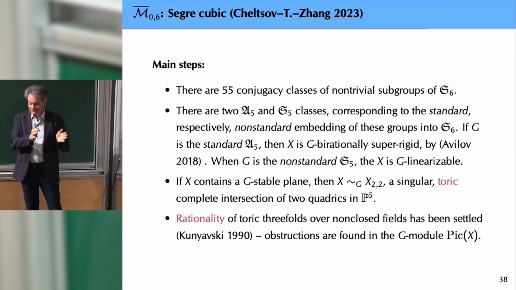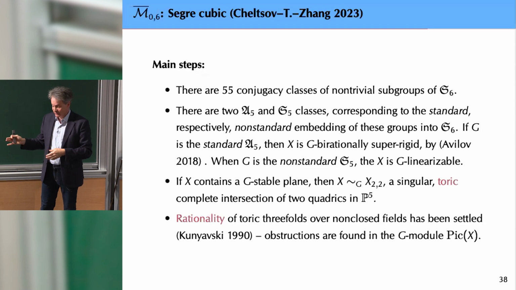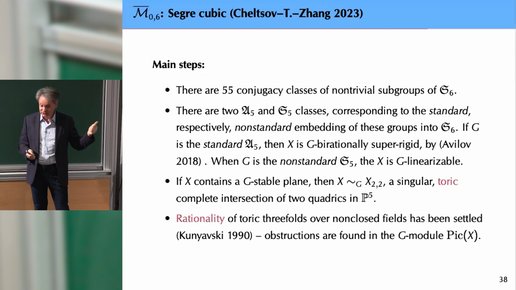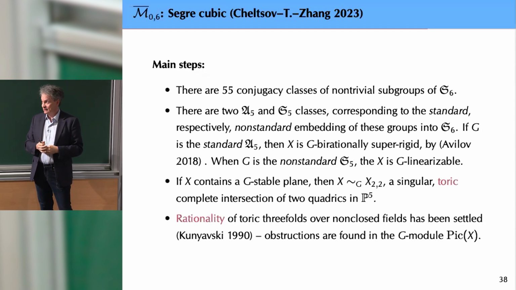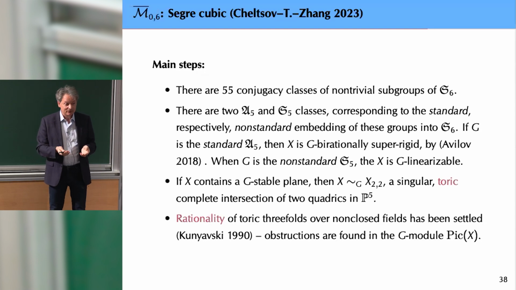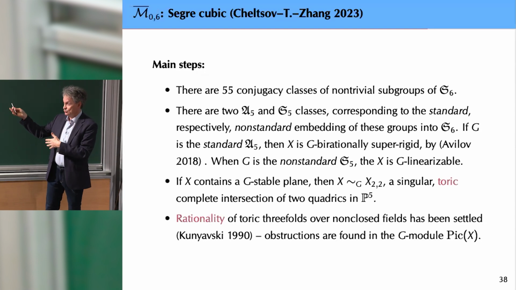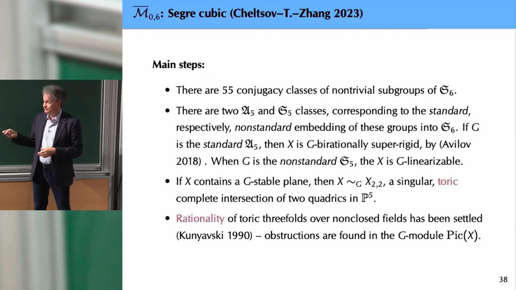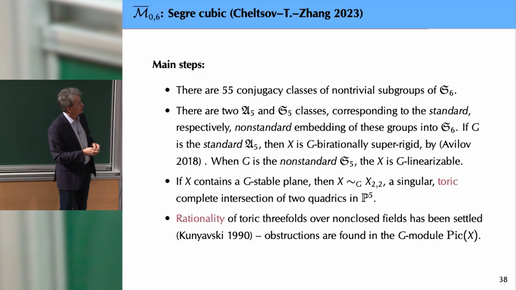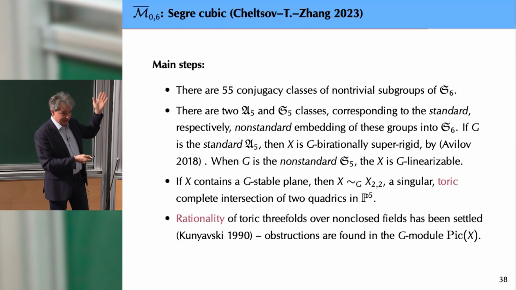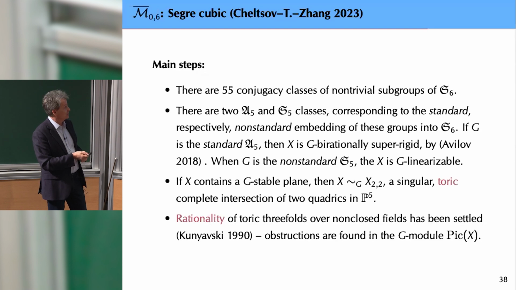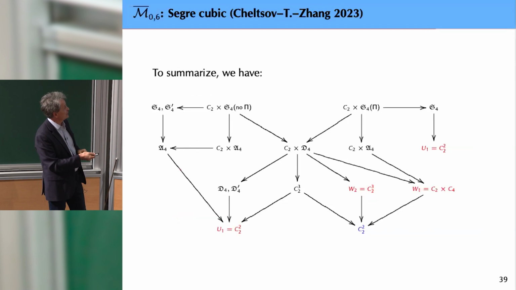Now, you can't take it and immediately move it into the equivariant world, because there is actually a case where the toric variety is rational over a non-closed field, but if you do it equivariantly, it is not linearizable. But it's a good guide to figure out what's happening with these actions.